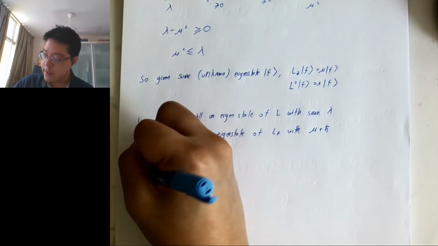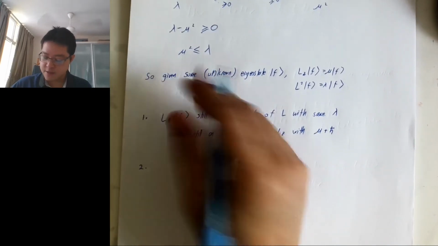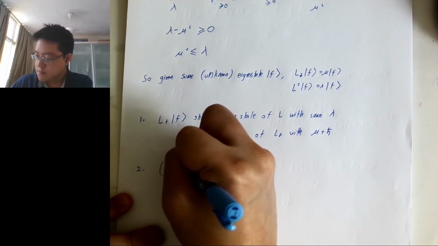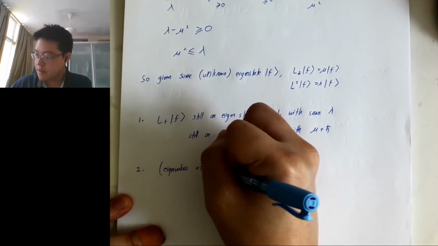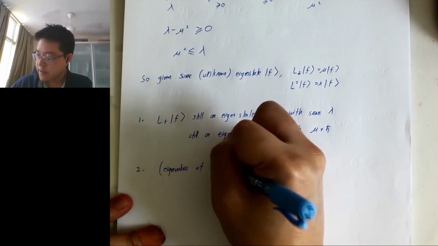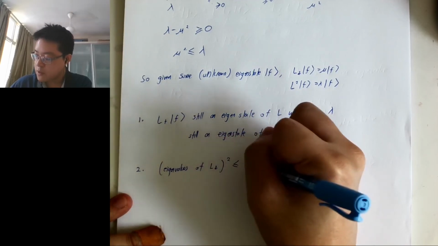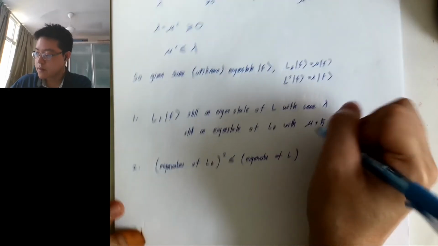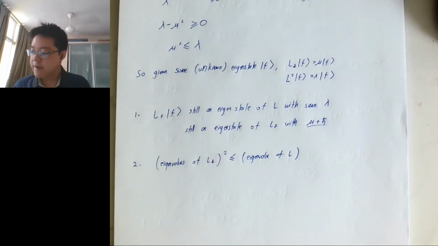The second clue that we just did was that the eigenvalues of Lz squared must be smaller than or equal to the eigenvalue of L squared.